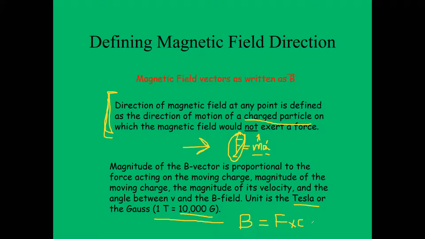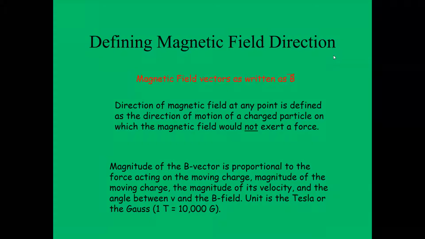And the magnitude of its velocity, the velocity of the charge, and the angle between v and the magnetic field. So it would be proportional to four things. The formula of the magnetic field would be dependent on these four terms. So let's see what the exact formula is.